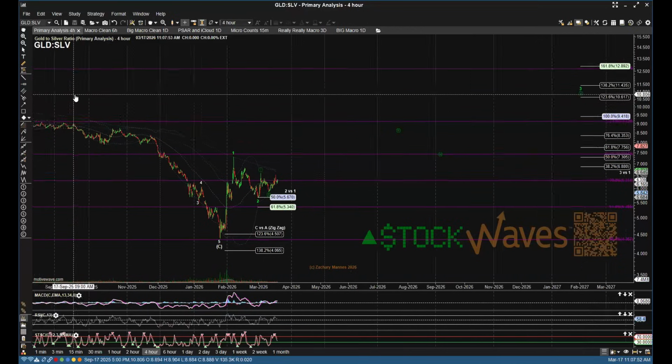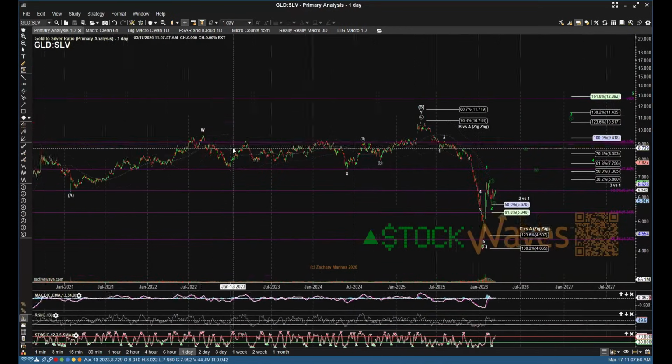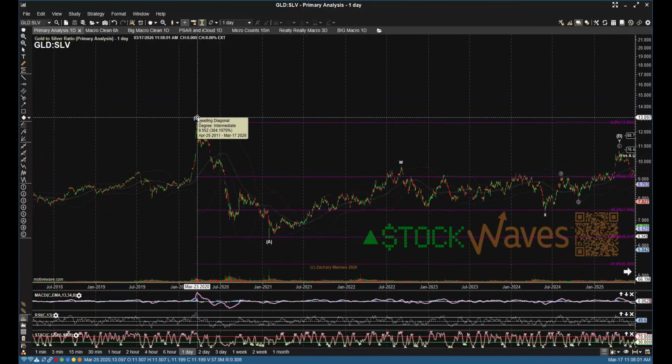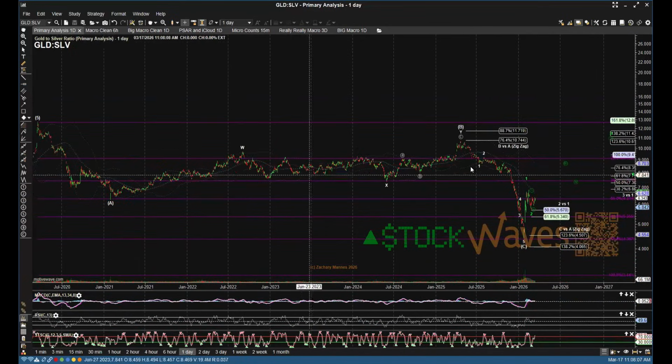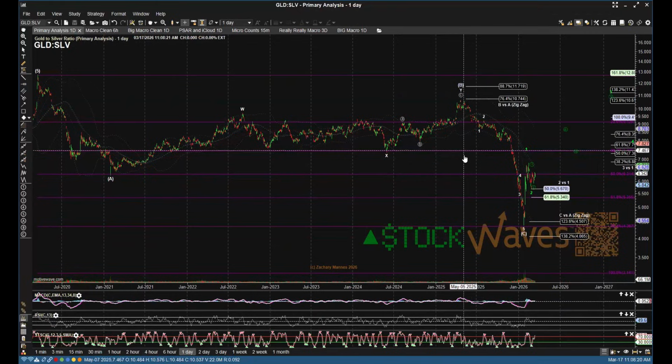So we were well over 100 to 1 in the ratio of gold to silver, and had been noting that we had a five-wave move up into the extreme price highs that we saw in 2020. Then we had a corrective bounce after this initial move down, and we were looking for a C wave down to take the price ratio between gold and silver towards the 50 to 1 ratio.